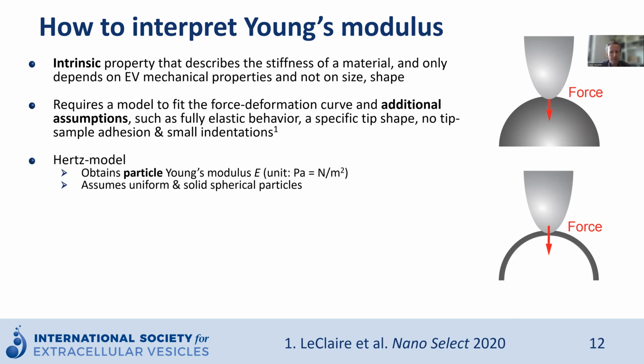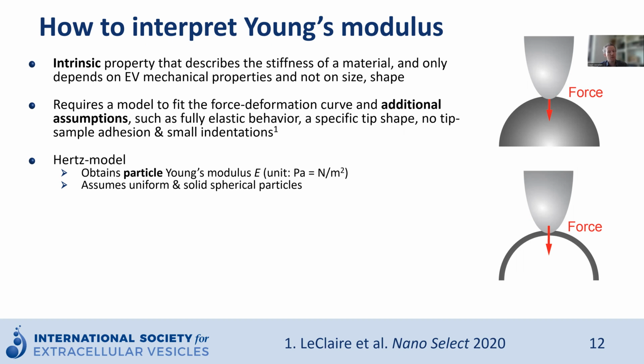For a more in-depth discussion, I would like to refer you to the recent review at the bottom of this slide. So the Hertz model is frequently applied, perhaps mostly because of its simplicity. This obtains a Young's modulus for the particle, and it is important to know that this model assumes a uniform, isotropic, and fully solid spherical particle, as illustrated on the top right.